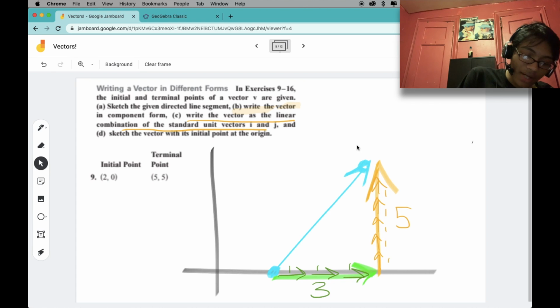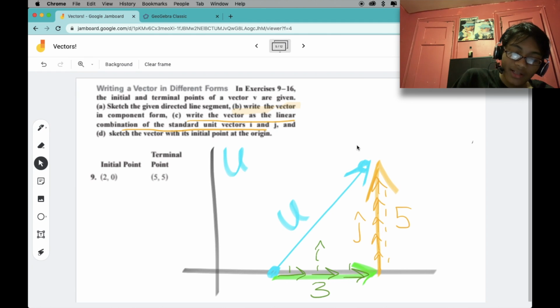So how do I say that as a linear combination? I'm going to call these green vectors i hat because they're in the x direction, and I'll call these unit vectors in the y direction j hat. Why not? So my vector u, remember I gave my vector a name, is going to be made up of these building blocks.